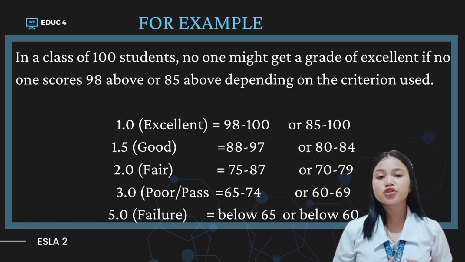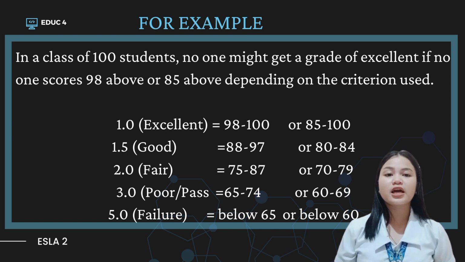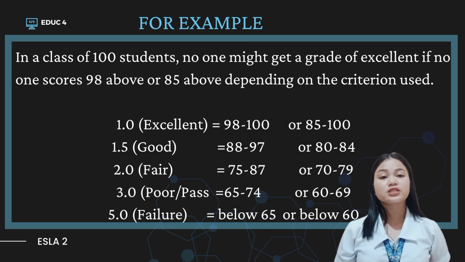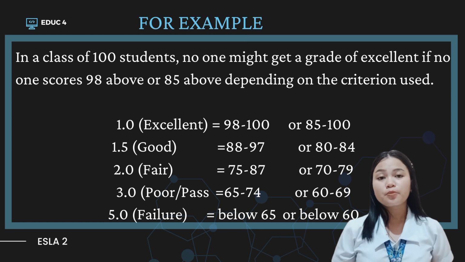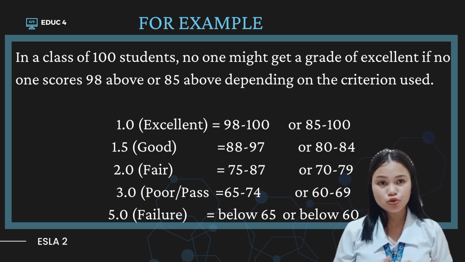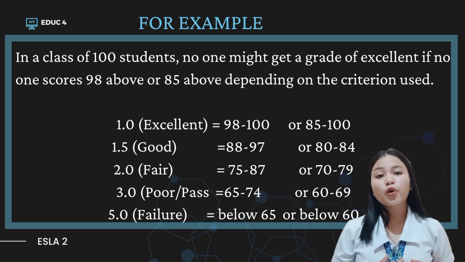So the 1.0, which is excellent, is 98 to 100 or 85 to 100, and 1.5, which is good, is 88 to 97 or 80 to 84, then the 2.0 is 75 to 87 or 70 to 79, and 3.0, which is fair or plus, is 65 to 74 or 60 to 69, and 5.0 is failure, it is below 65 or below 60.